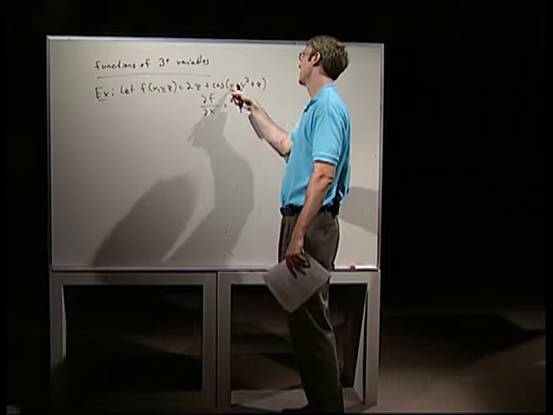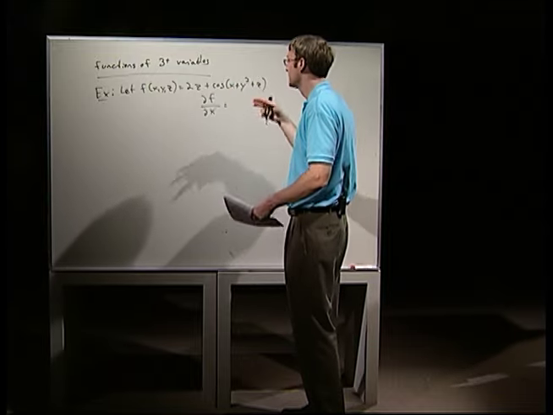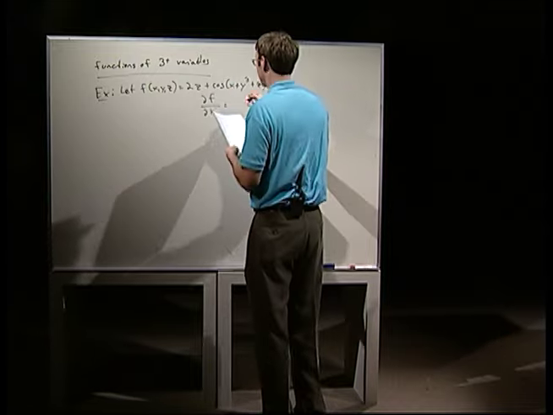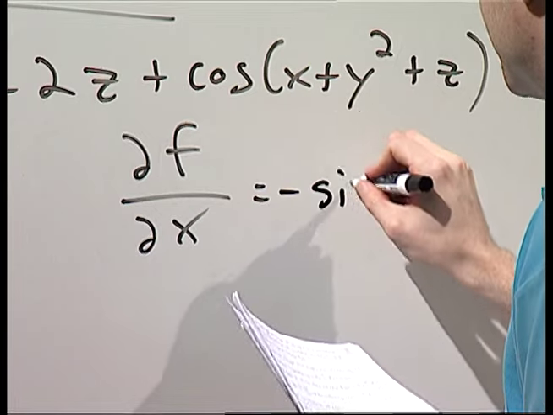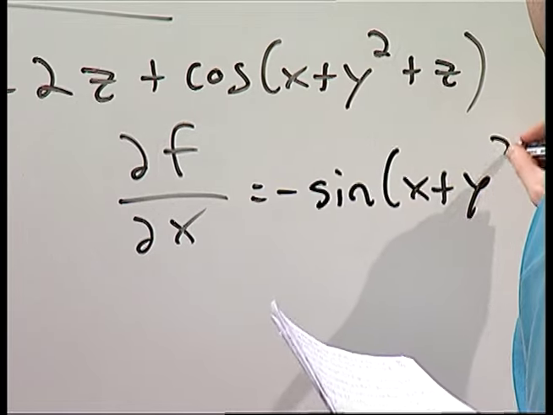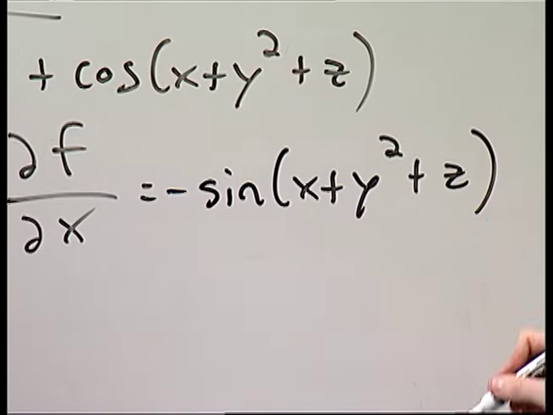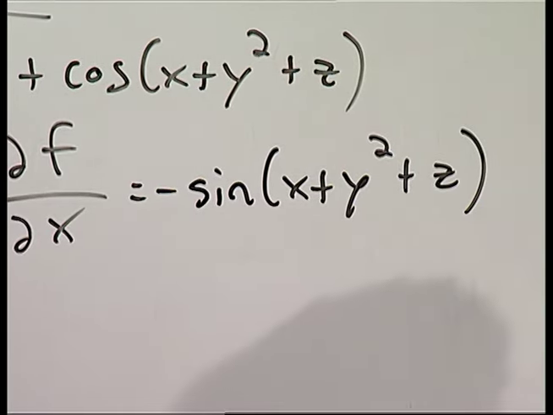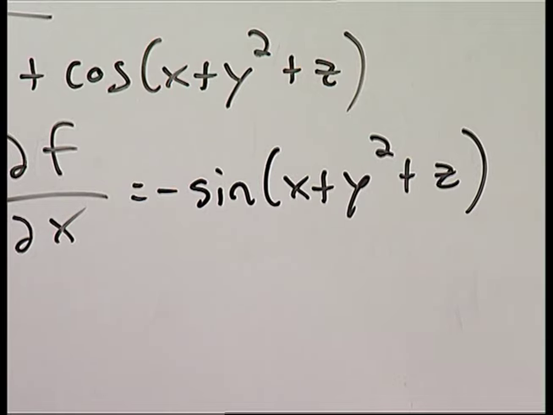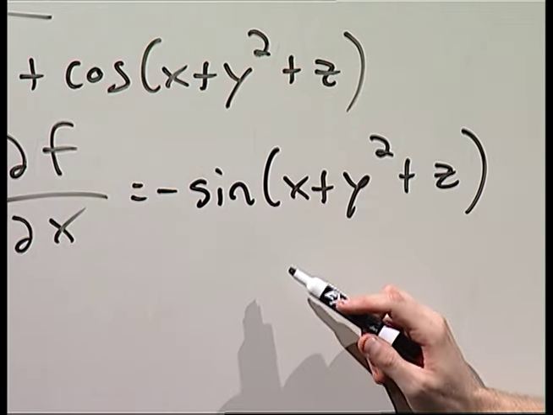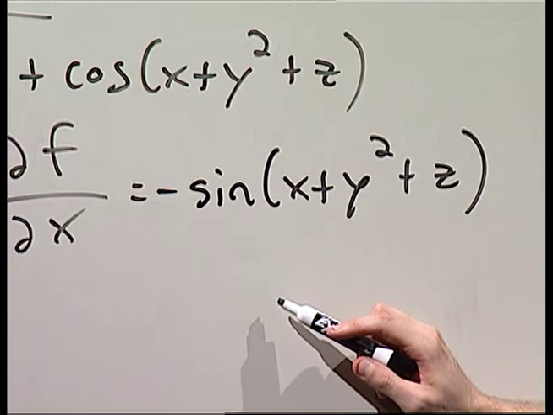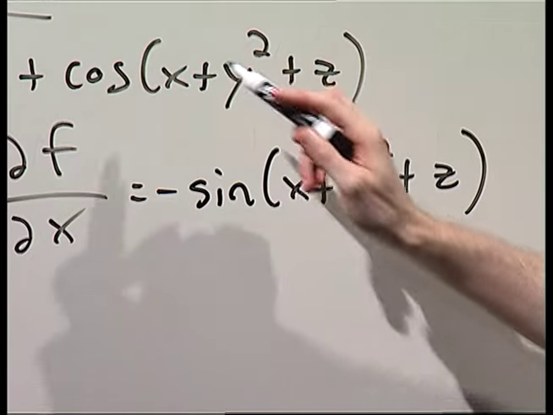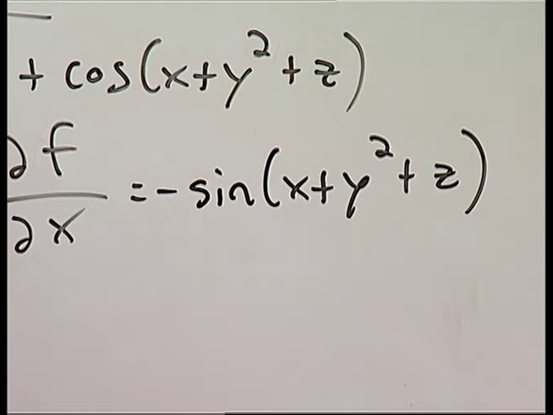So it's like cosine of x plus some constant. This winds up being minus sine of x plus y squared plus z, because the chain rule has nothing to say here. The chain rule says outside derivative times inside derivative, and the inside partial with respect to x is just 1. There's nothing on the x except a 1.